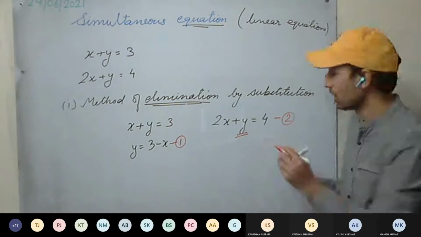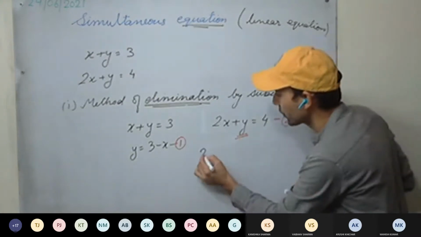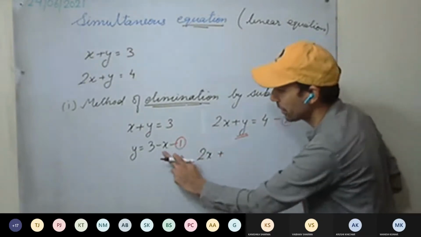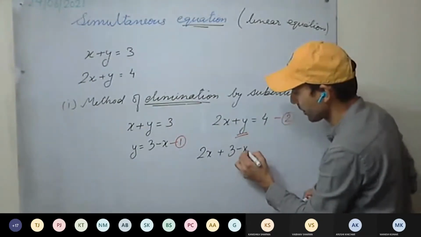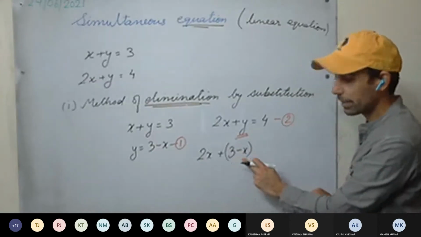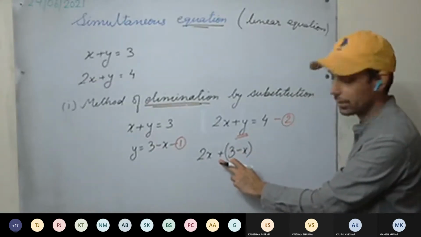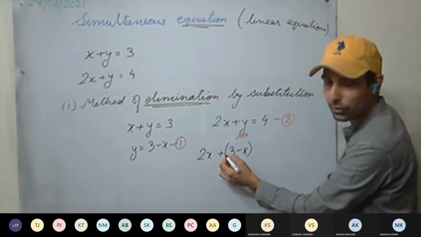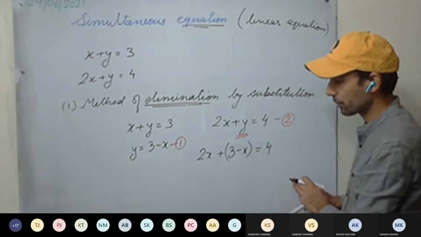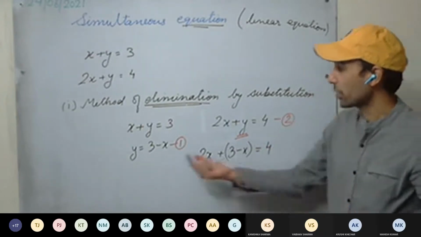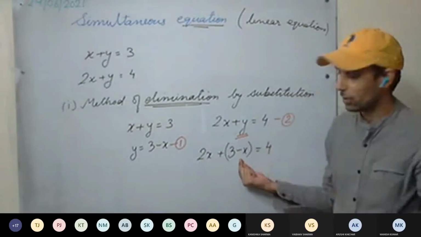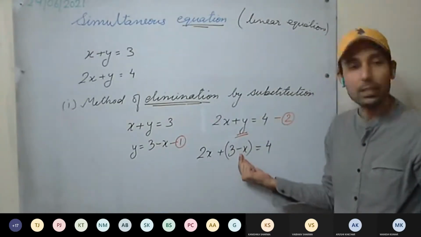If I write it now: 2x plus, instead of y, we put 3 minus x, equal to 4. There is no necessity of a bracket here since the plus sign is outside. If a minus sign had been outside, we should have put a bracket. See what we have done: one variable, the y variable, we have eliminated.